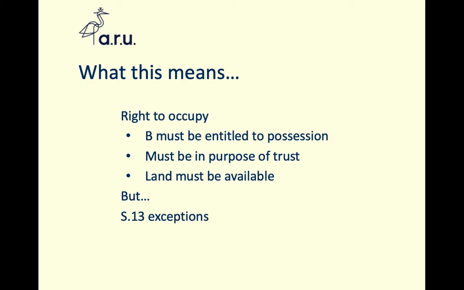Also, the trustee would think about whether it's in the best interests of the trust that that person lives there. So say, for example, the trust property is massive and the beneficiary wants to live there, but it's a 10-bedroom mansion. The trustee would think, well, that's not in their best interests. Actually, it would be better for me to buy them a little cottage or a little flat somewhere and make the money from the 9 or 10-bedroomed mansion.